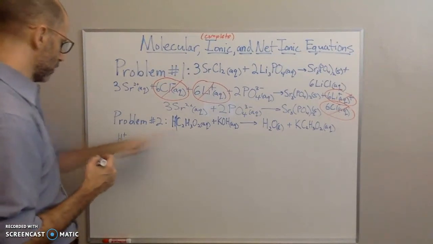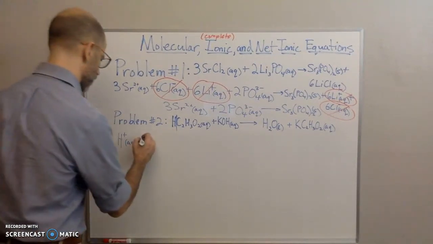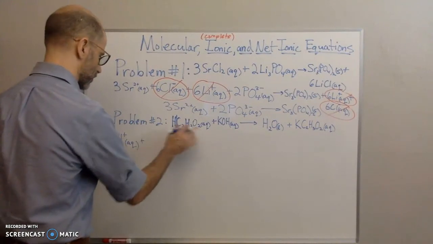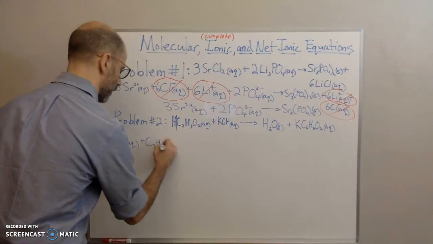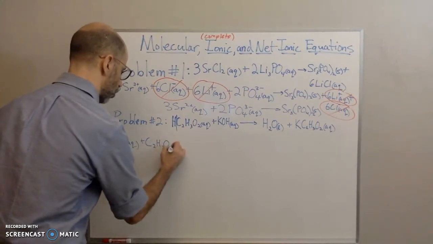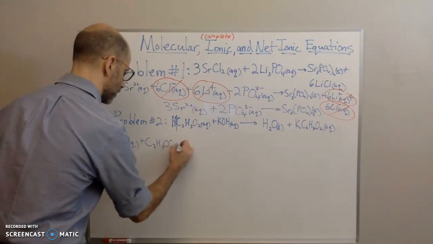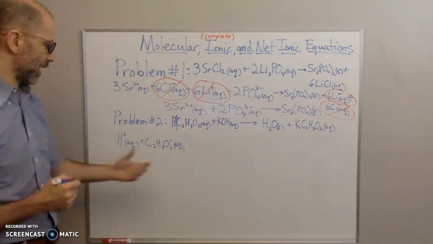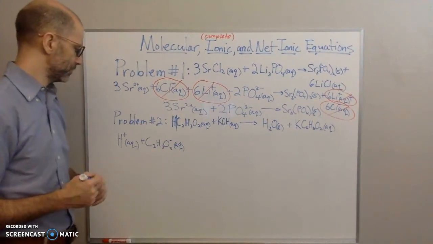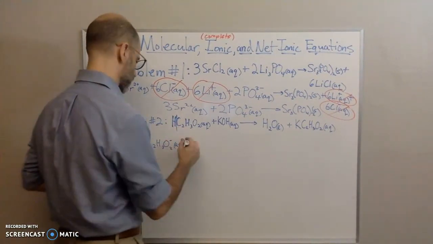And we only have 1, so that's going to be just 1 there. And then the rest of this is going to be your anion, C2H3O2- aqueous. So that's going to be your polyatomic ion. This is your acetate ion. And then, so that's done for that one.